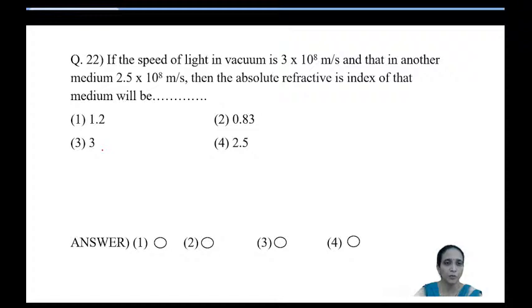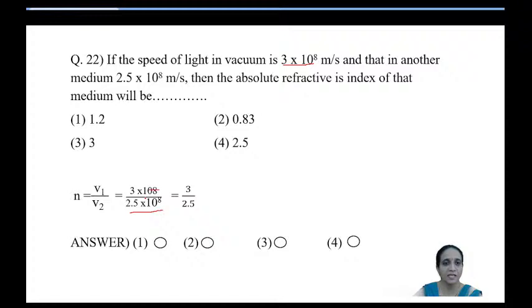Question number 22. If the speed of light in vacuum is 3 into 10 raised to 8 meter per second and that in other medium is 2.5 into 10 raised to 8 meter per second, then the absolute refractive index of that medium will be n is equal to v1 upon v2. v1 is the velocity of light and v2 is the velocity of light in the second medium.